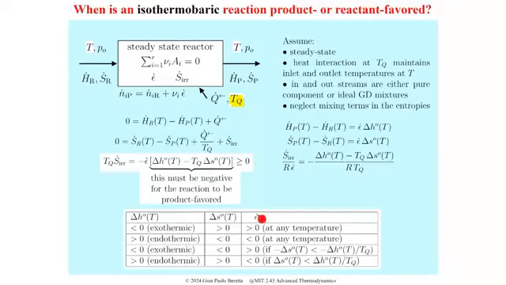So in this table, you can summarize the possibilities. So if you want that to be positive, and you want it to be positive at all combinations, you certainly could make sure that the enthalpy of reaction is negative. So that is an exothermic reaction. And also that this term doesn't influence the sign of the overall linear combination. So certainly if the entropy of reaction is positive, you're safe, because this also gives a negative contribution.